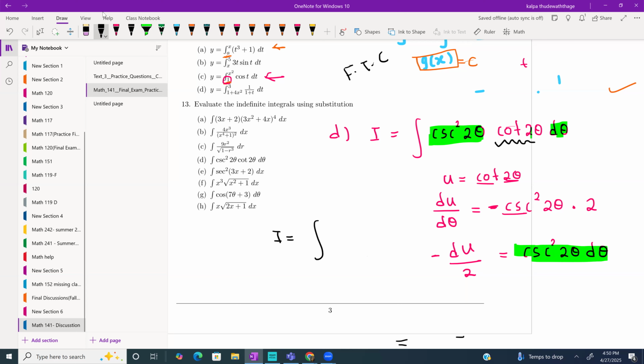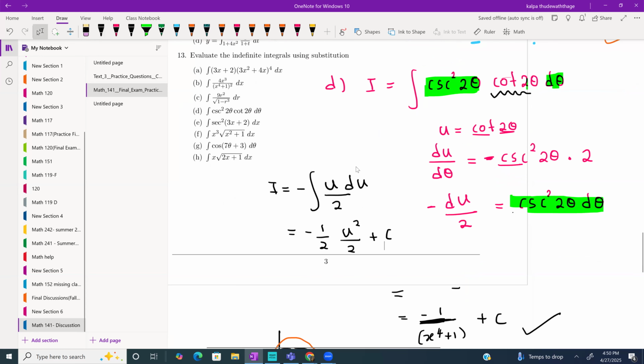So I'm going to now write my integral. Cotangent 2 theta is just u. The other part, which I highlighted using green color, is negative du over 2. It's negative half u to the power 2 over 2 plus c. I got the integration.